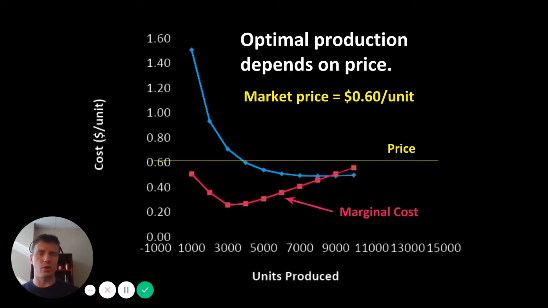For the marginal cost curve, what we see is that no matter what the level of production at this plant, the marginal cost curve right now is always below the actual market price. And so that's an important thing to remember.